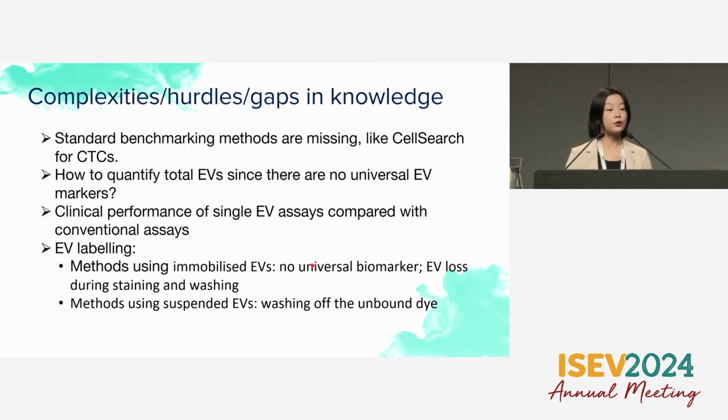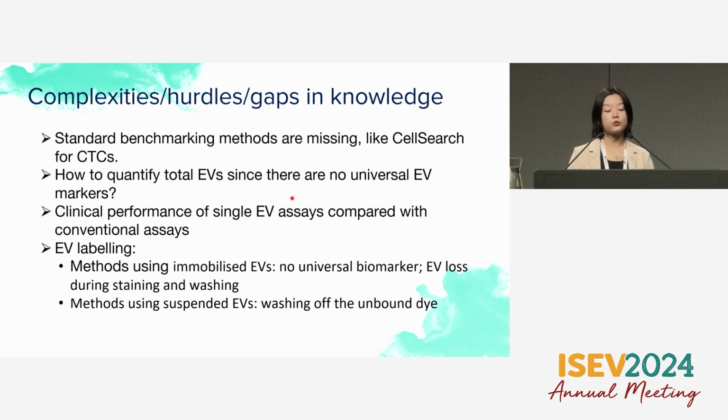As usual, I also share some of my understanding of the gaps in knowledge in this field. First of all, there is a lack of a standard benchmarking method, and I believe the role of CellSearch for circulating tumor cells is a good example here. Next, as I mentioned in several talks, there is currently no universal EV biomarker.